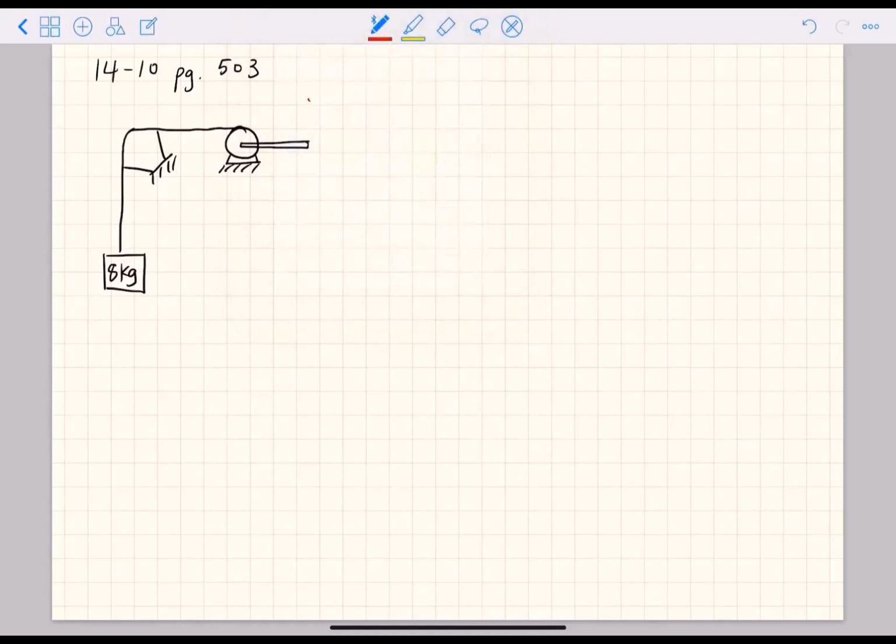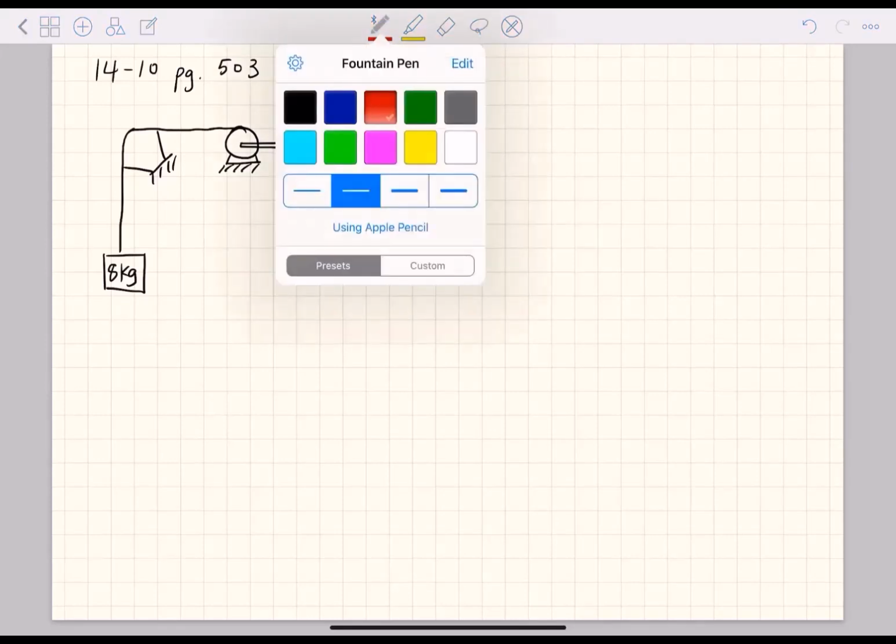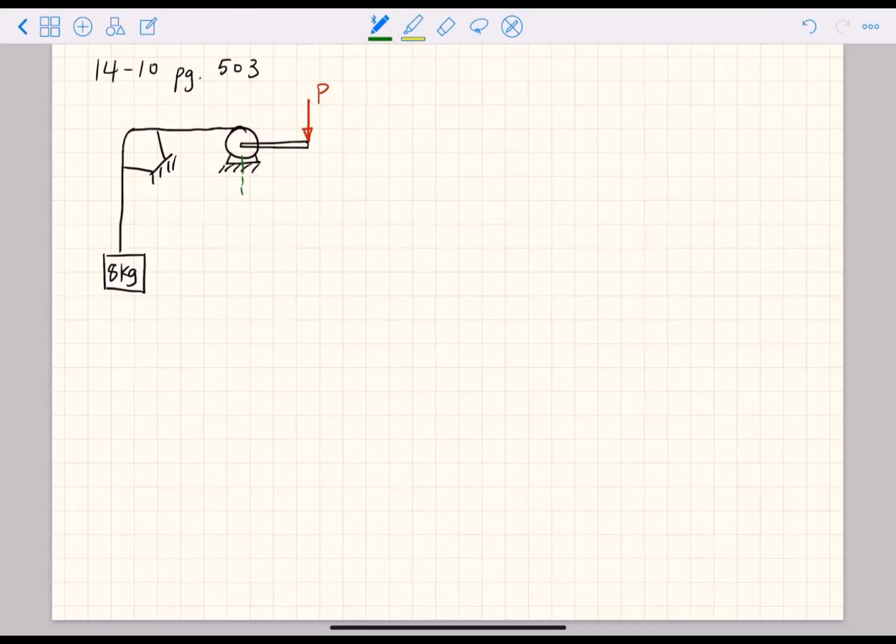So we have a force P acting at the end of this lever. We have a distance here between the center of rotation and that force P.